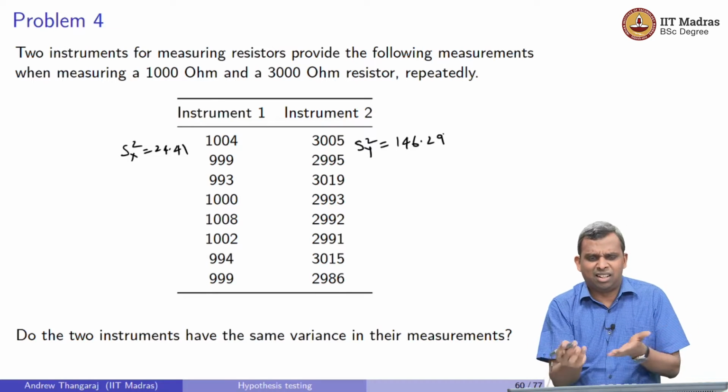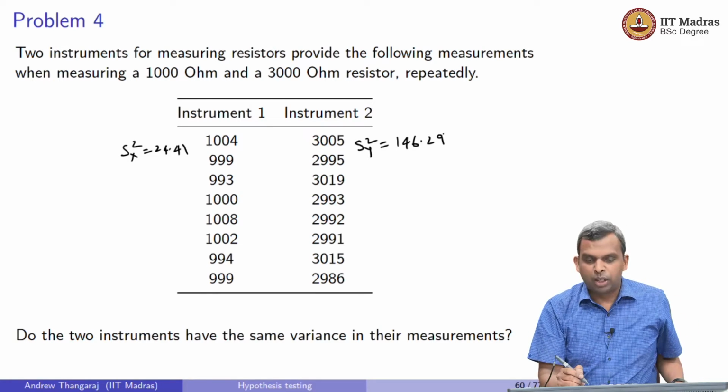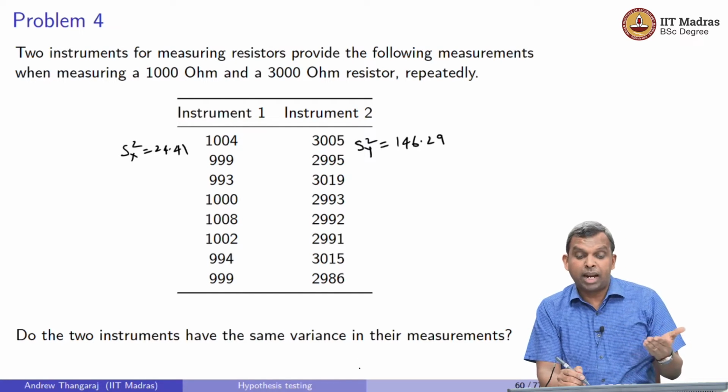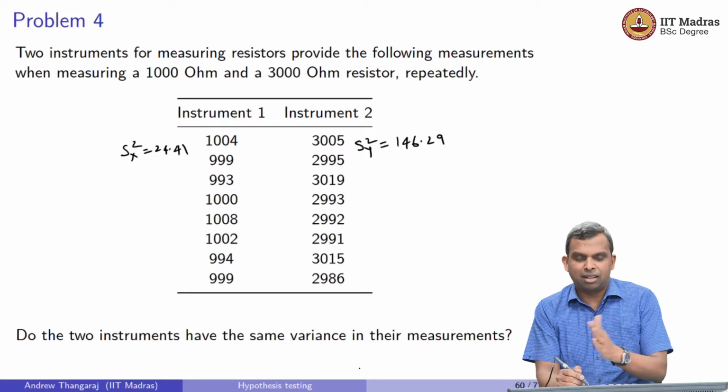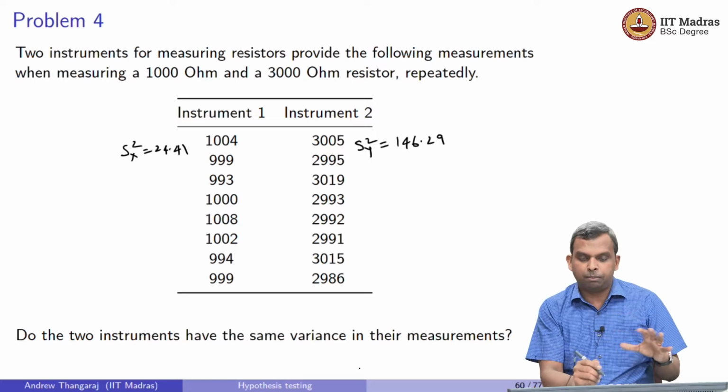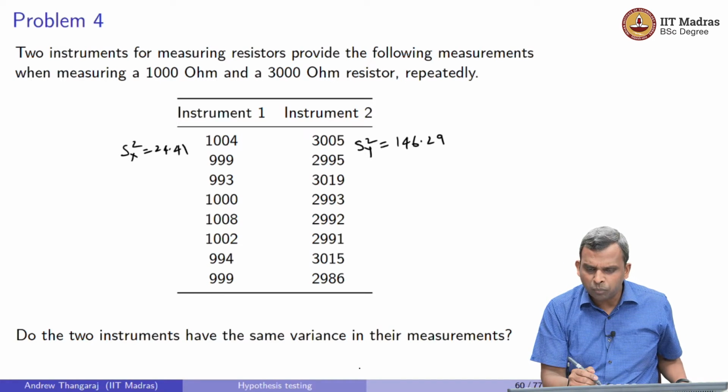Okay, this looks really off in some sense. Do they have the same variance? Once again, we would look at Sx squared by Sy squared. This is n1 equals n2, so you can pick it any way you like, and you should get interesting answers.